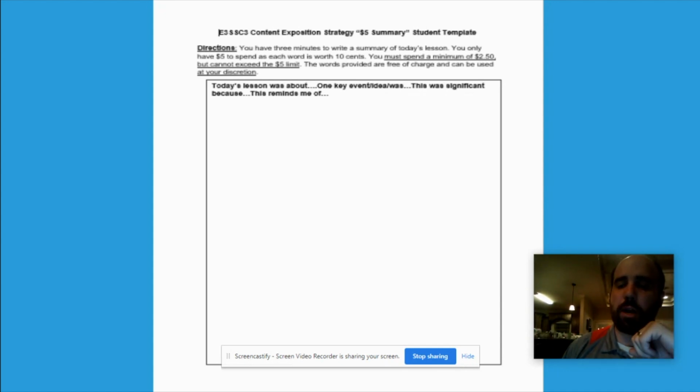They like to have a little competition with it, and a little reward based off of how they write their responses. But that's it. You're giving them a limit, so they have to write at least 25 words, but they can't exceed 50. And then of course they have to take the word count and turn it into a money amount. And so I can give you an example there.